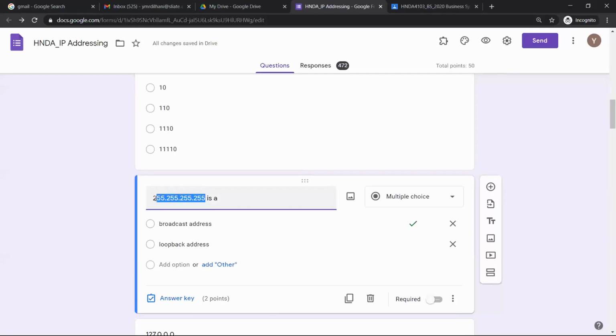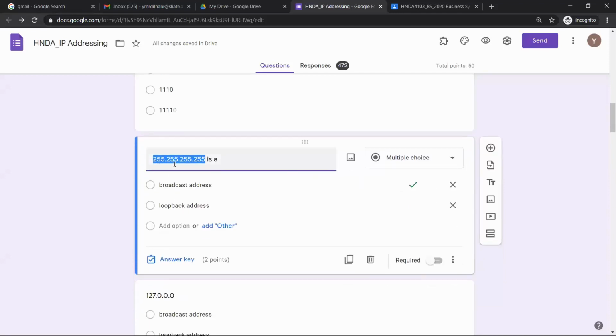So this is a special kind of IP address called a broadcast address. In a broadcast address, we can broadcast a message. Here 255 means 8 ones, and here also 255 means 8 ones. Again 8 ones and again 8 ones.